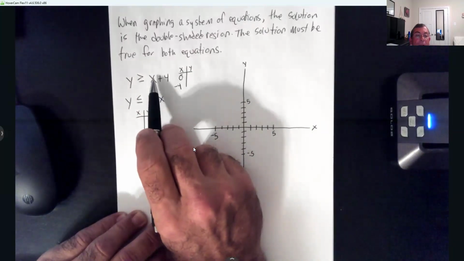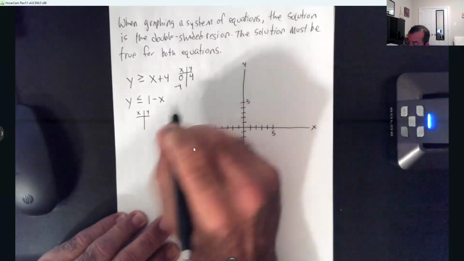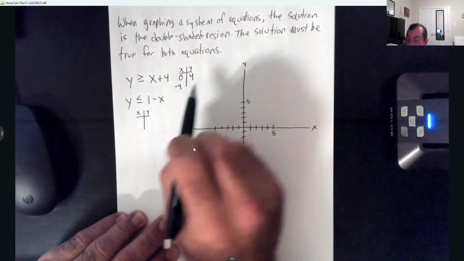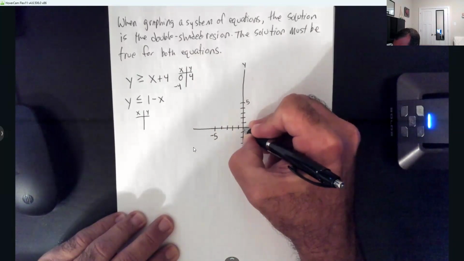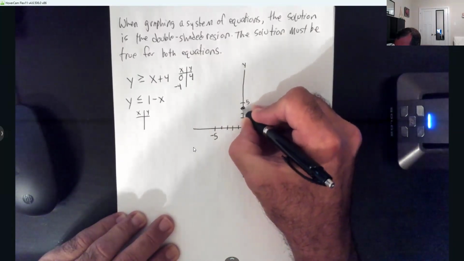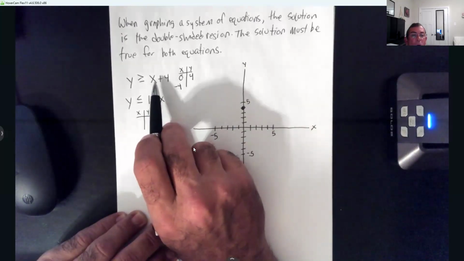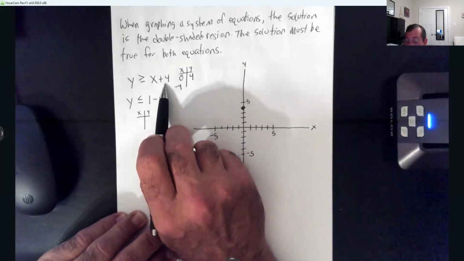So I put a 0 in here. 0 plus 4 is 4. So y'all, my first point on my first line is (0, 4). So starting at 0, I'm going to go up 4. And then I put a -4 in for my x, because -4 plus 4 gives me 0.